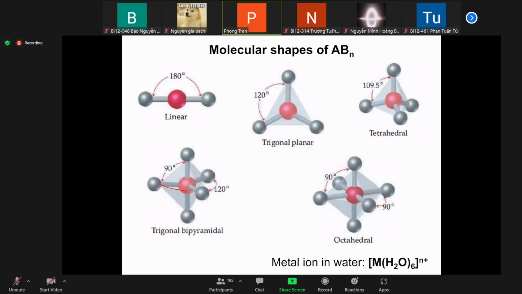So in the case of a complex, for example, if you put cobalt in water, you have cobalt surrounded by 6 molecules of water. You imagine the exam where we want to talk about the splitting of the d orbitals, as discussed previously. You remember that cobalt has 5 d orbitals, and before putting it in water, the 5 d orbitals are exactly similar. But when you put cobalt in the center surrounded by 6 water molecules, the 5 d orbitals split into two groups.